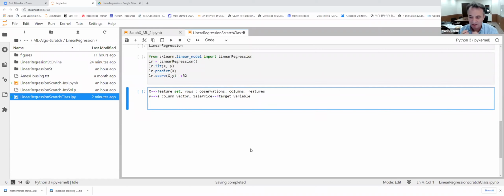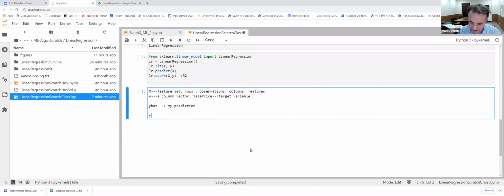So basically, y hat, which is my prediction, let me also note this: y is the ground truth value, y hat is the prediction. So y hat is equal to the coefficients times the features, summed up. It is the weighted summation of features.